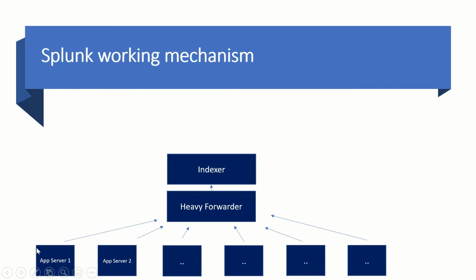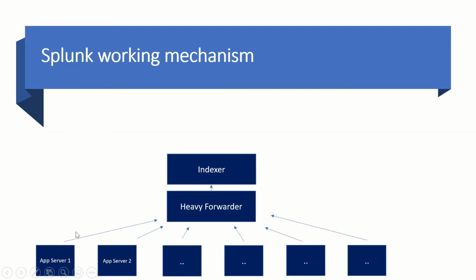The forwarder collects the data and forwards it; the data is parsed here in some format, like basic parsing, and parsed again on the indexer as well. The indexer is nothing but the storage of data. So here data gets stored, or the inputs, the server or UF, can directly send data to the indexer as well.